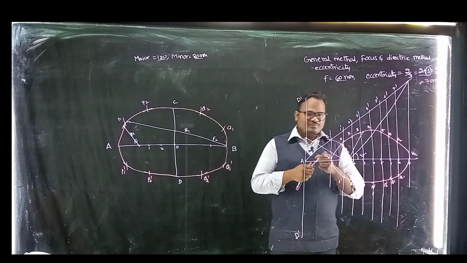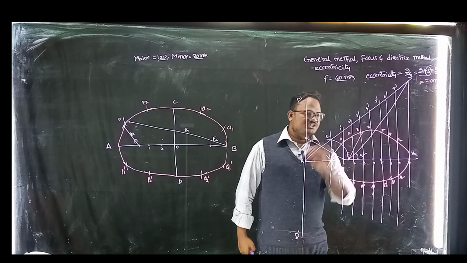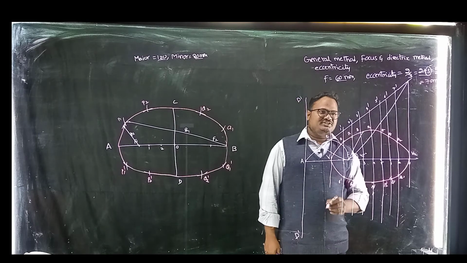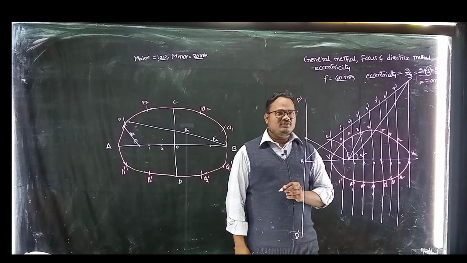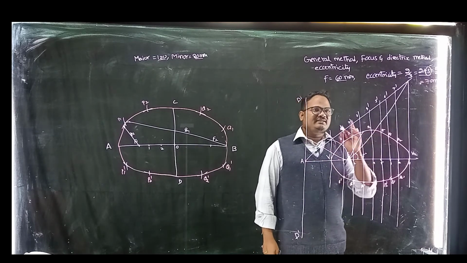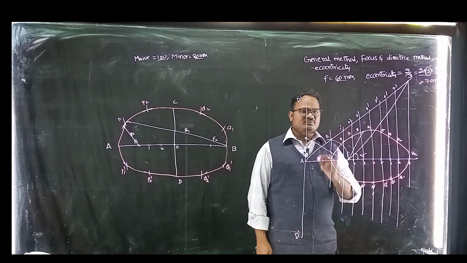So this final line and the initial line, if you join them, you will get the tangent. If you take as per the dimensions, this tangent touches only at one point on the elliptical curve.